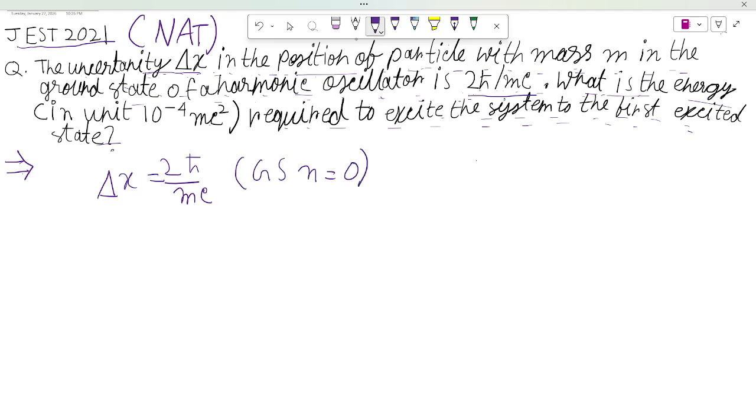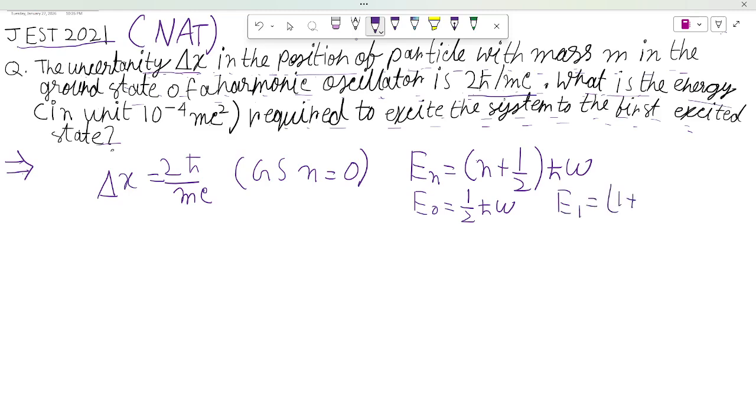For a quantum harmonic oscillator, energy is n plus half h cross omega. For the ground state, E0 is half h cross omega. For the first excited state, E1 is 1 plus half h cross omega, that is 3 by 2 h cross omega.